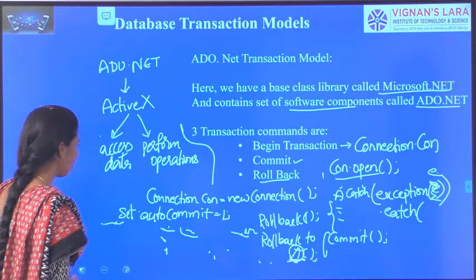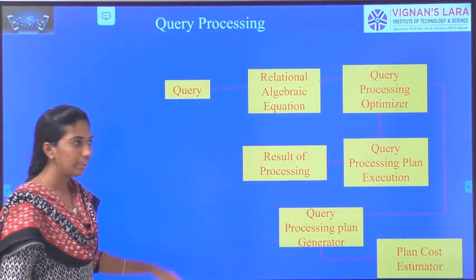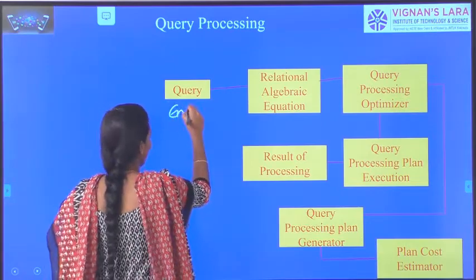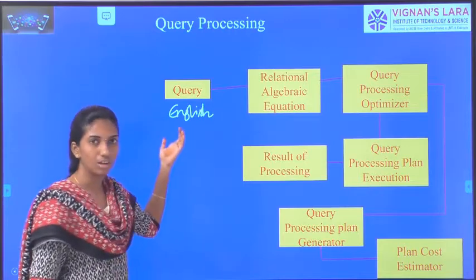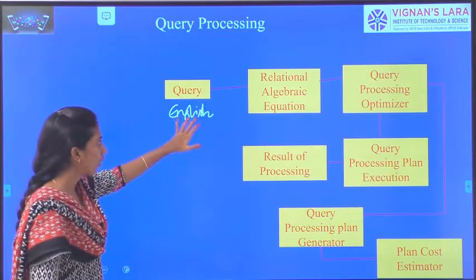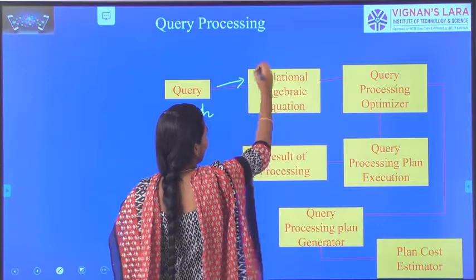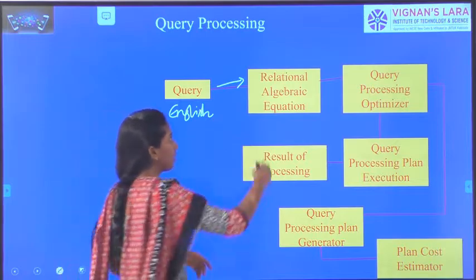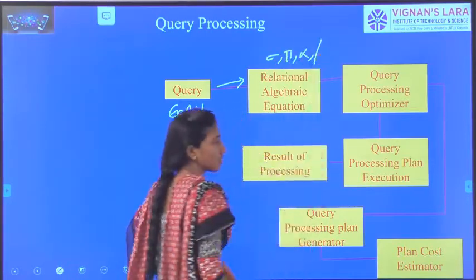With respect to this, we have an architecture called the query processing architecture. Initially, you are given a query in normal English, which cannot be understood by the computer itself, so it gets converted into machine language. It is converted into a relational algebraic expression, as we have seen, using the commands sigma, pi, cross multiplication and slash.